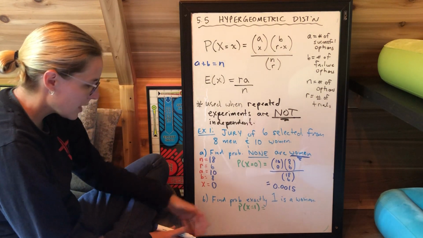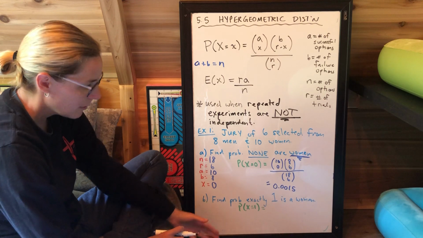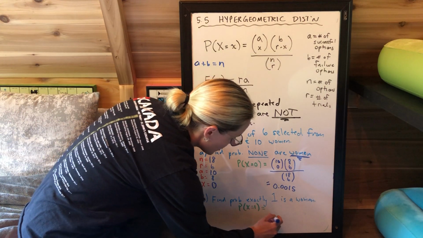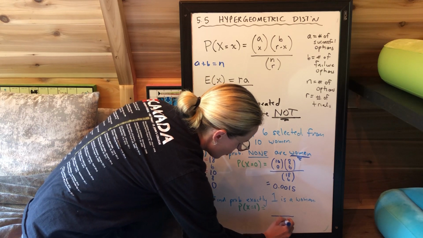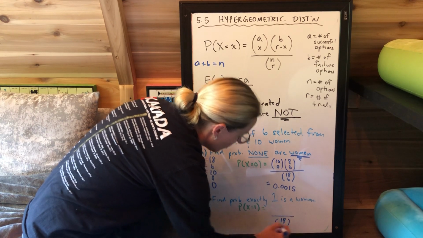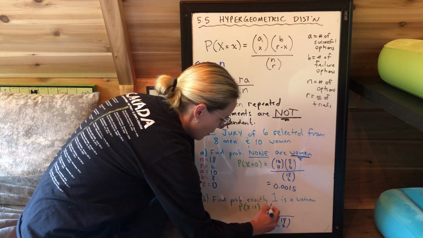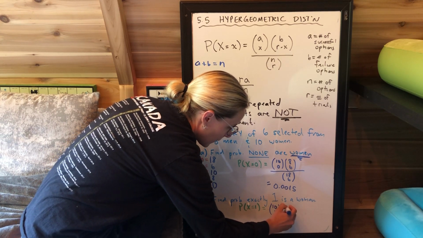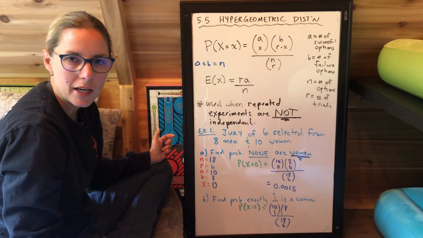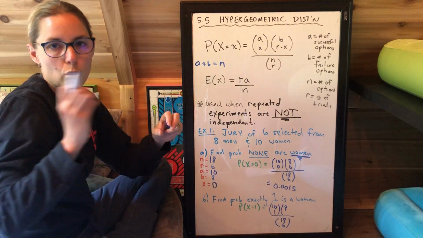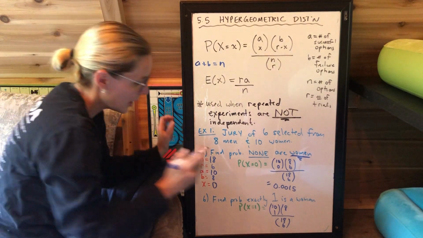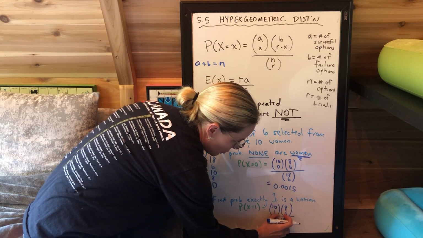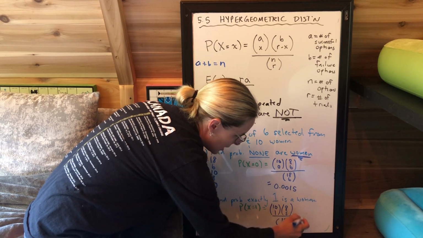In what I've created as example B, find the probability you get exactly 1 woman. The only thing that changes in your calculation, you still have 18 choose 6 here. Now you're saying of the 10 women, I want to select exactly 1. Of the 8 men, how many do I then need? Well, if I've already selected 1 woman for my jury of 6, then I can have exactly 5 men. Then just look at the addition: 1 plus 5 is 6, 10 plus 8 is 18.